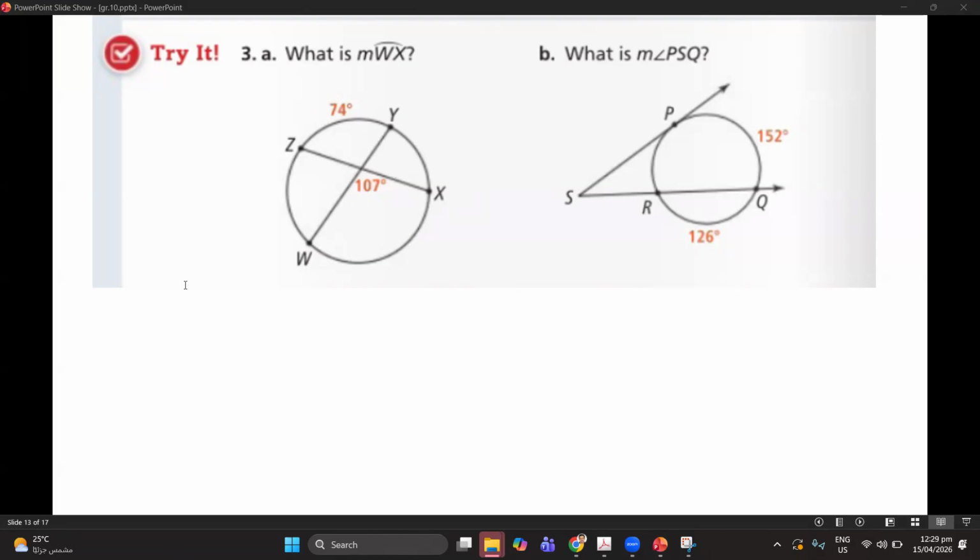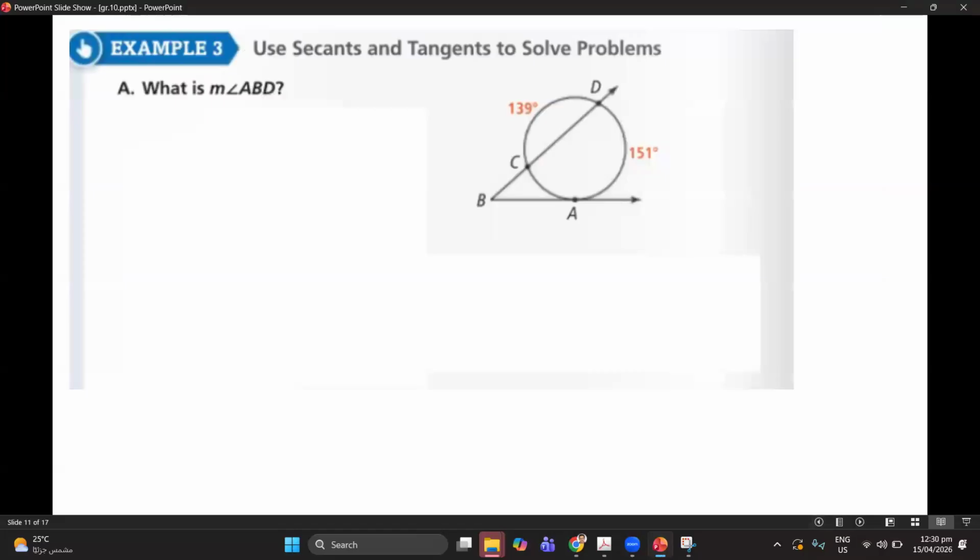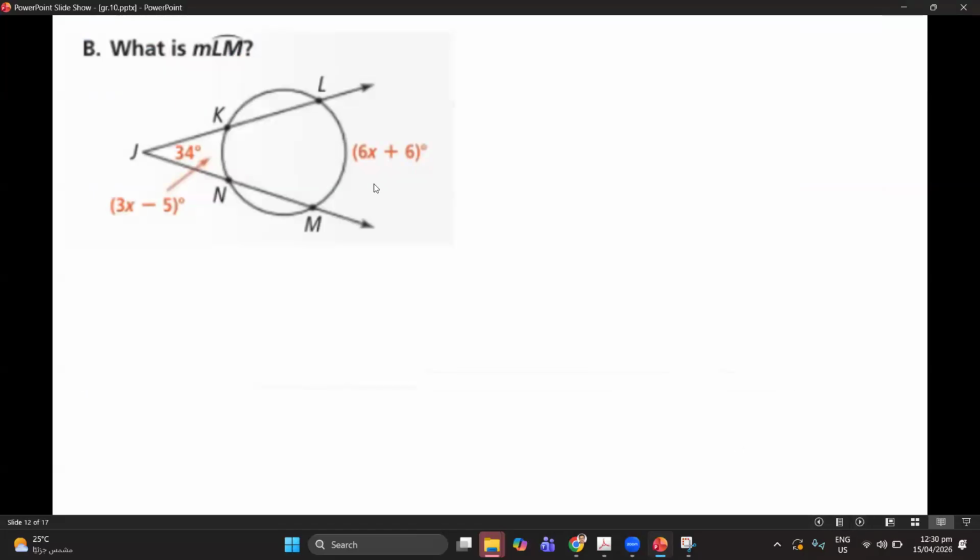Teacher, wait, can you go back to the previous thing that you showed? This one? No, the other, the one that has X. Yes, teacher, do we do only the half, like arc LM equals angle J?